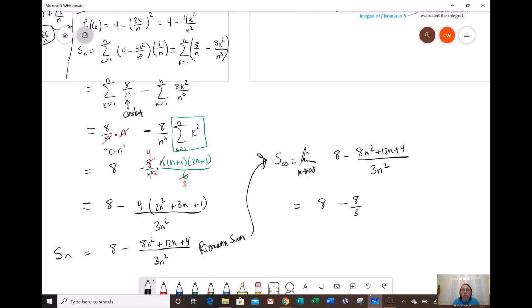That'd be the 8 over 3. So if we get a common denominator here, we end up with 24 over 3 minus 8 over 3, or 16 over 3. This would be the sum of infinitely many rectangles under this curve, which means this is the area under the curve.